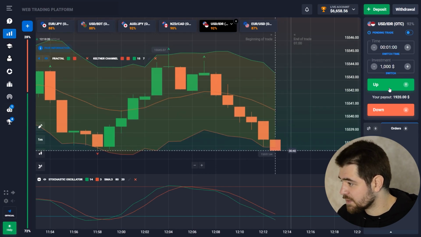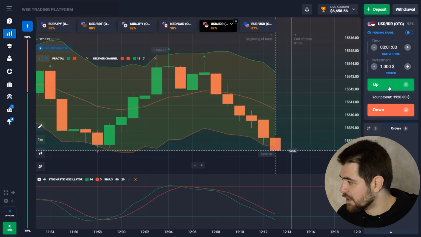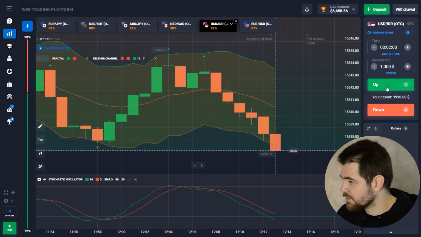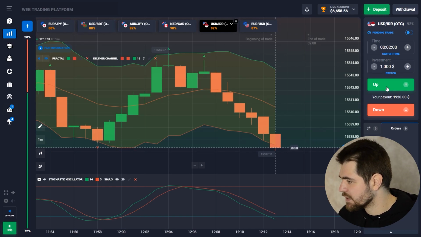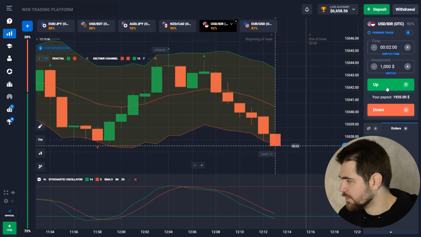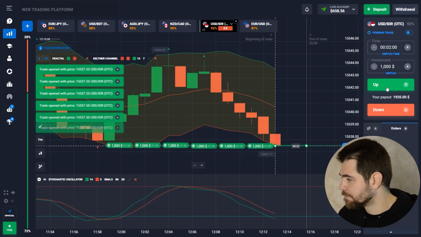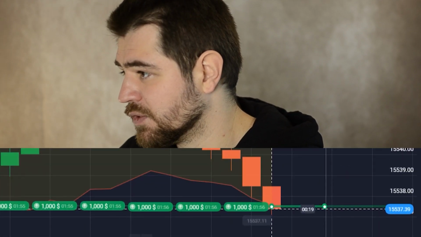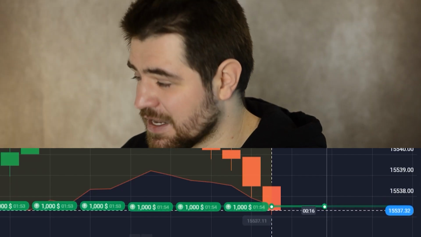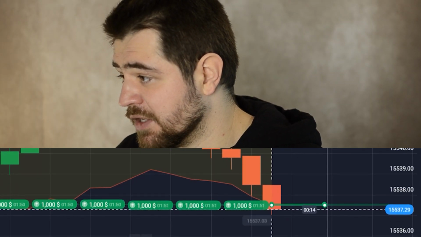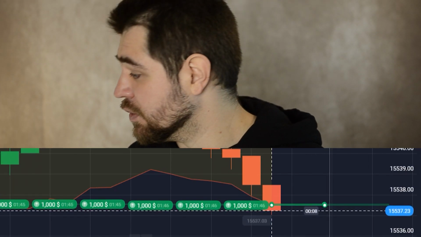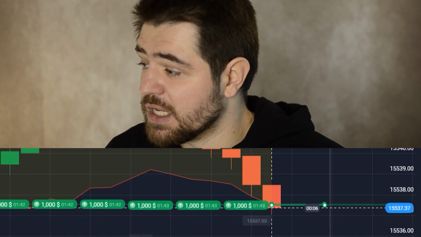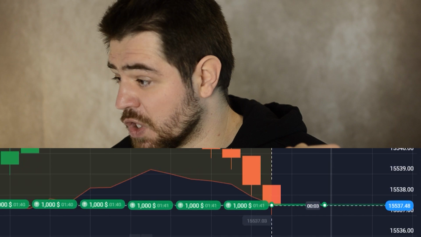Let's make this option just 2 minutes, in case, because I'm not sure. Let's make this the full amount of the balance, 6,000. The idea here is that the price is going to go up because the stochastic is entering this zone, but there is also a line.